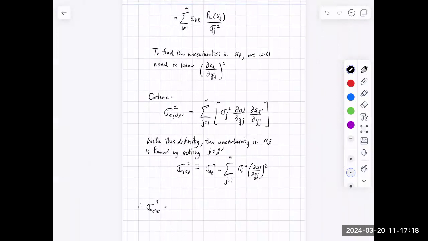And so we'll end up with 3 different sums: the sum over J, the sum over K, and then a sum over some other variable for the second partial derivative. It'll be a bit of writing, but that's okay.